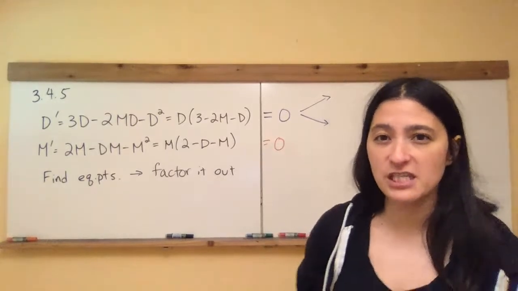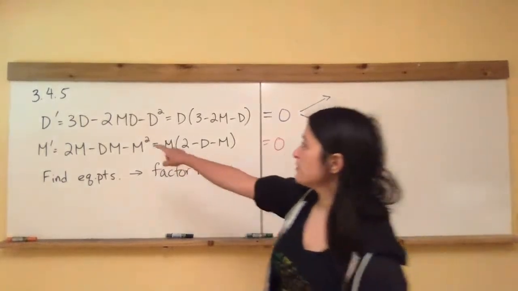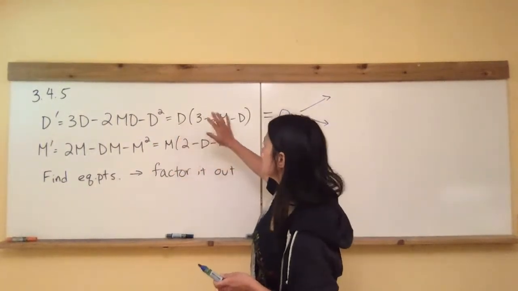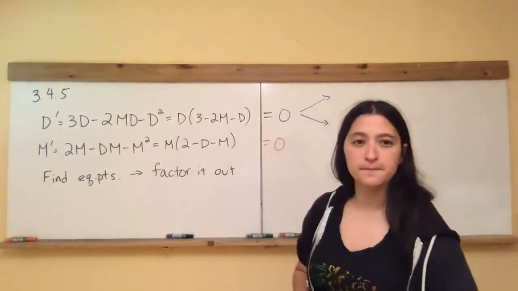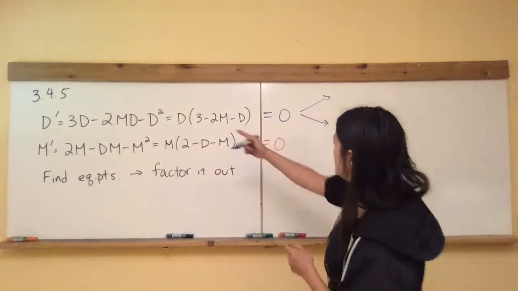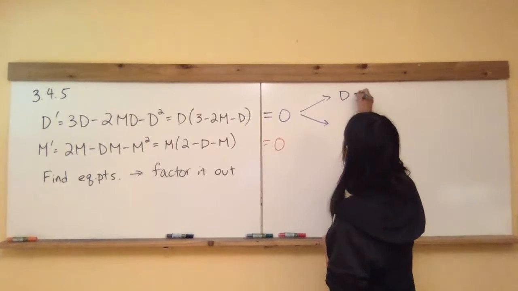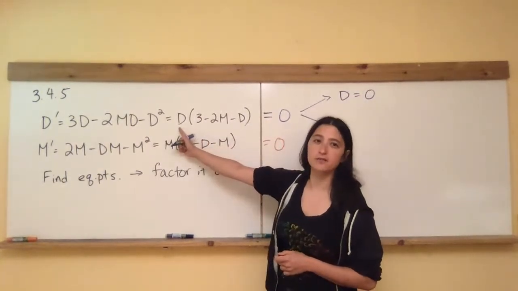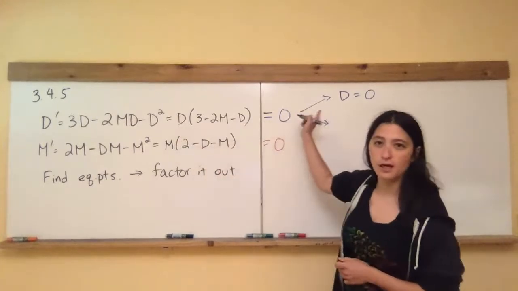I'm going to have to set the factors of the D prime equation equal to 0. You see there's one factor right here, and another factor right there. If I set that one equal to 0, D equals 0 is my first choice, because I set this factor right here equal to 0.